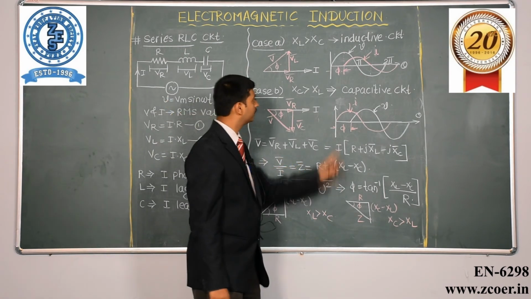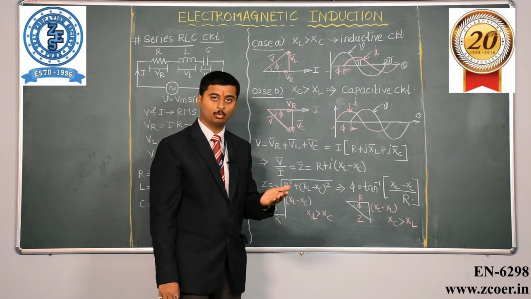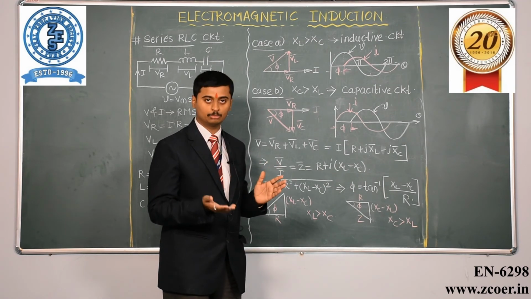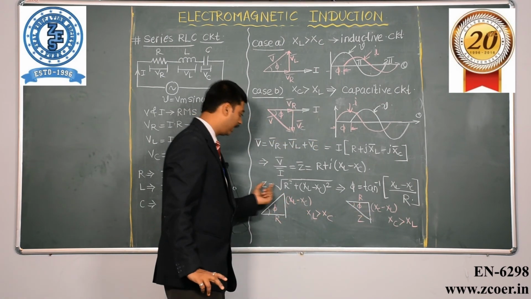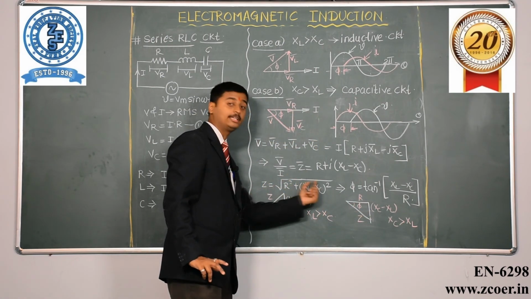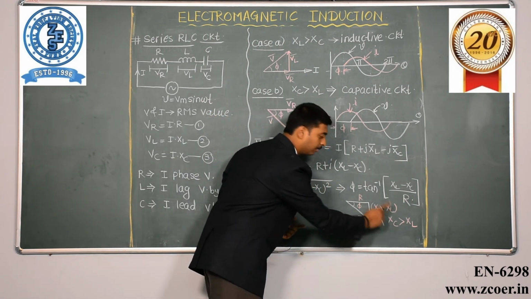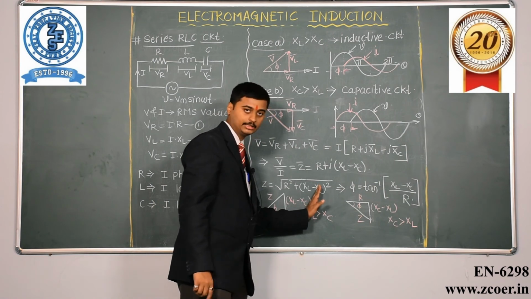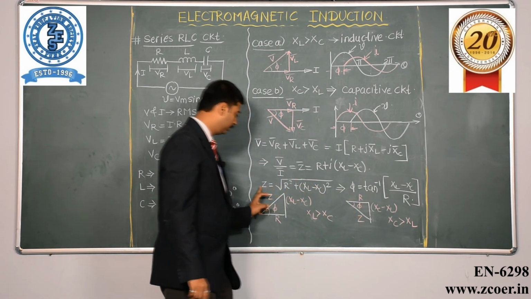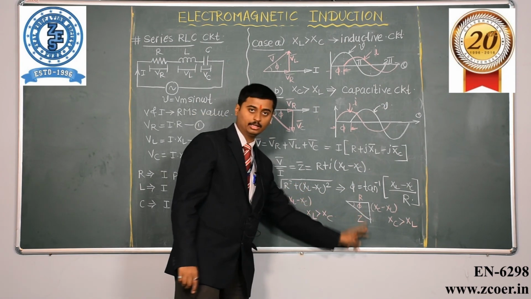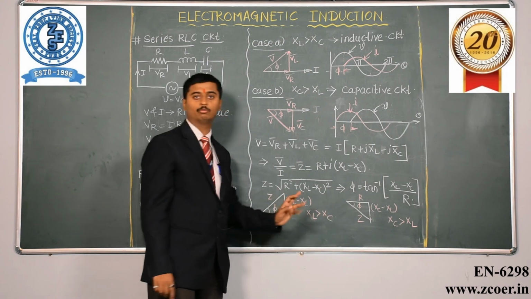In the second case, where XC is greater than XL, the capacitive part is more, meaning the negative part is more, so the triangle is drawn the other way. Z equals the square root of R squared plus (XC minus XL) squared. Here XC minus XL is along the Y axis, R is along the X axis, and the resultant is Z, and phi is the phase angle between the voltage and the current.